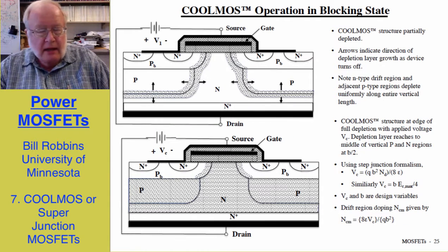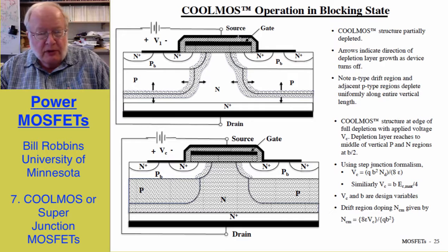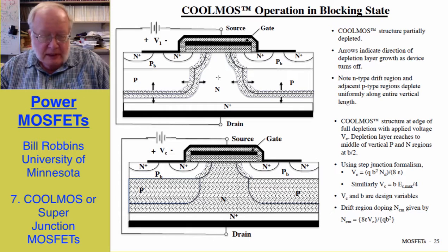To understand the difference, I'm going to discuss the CoolMOS operation first in its blocking state. If we apply a drain to source voltage at some very modest value, which I've designated here as V1, the depletion regions between the p-type body and the n-type drift region begin to expand.